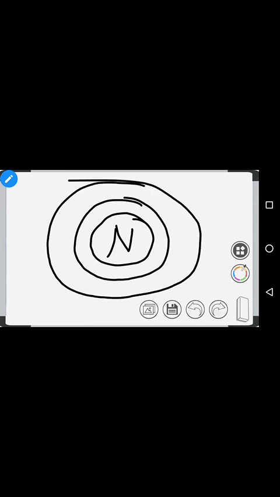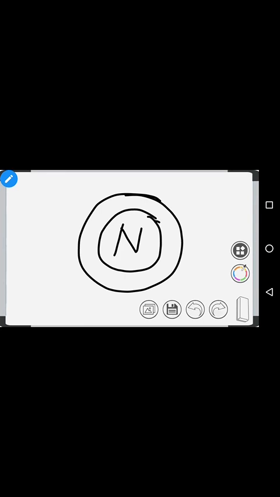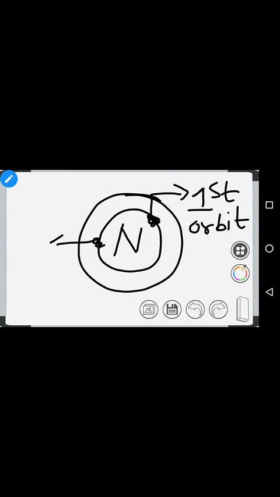In this diagram, the first circle can be called the first orbit. Which symbol are we using for the first orbit? K. So the first orbit has another name, the K shell.